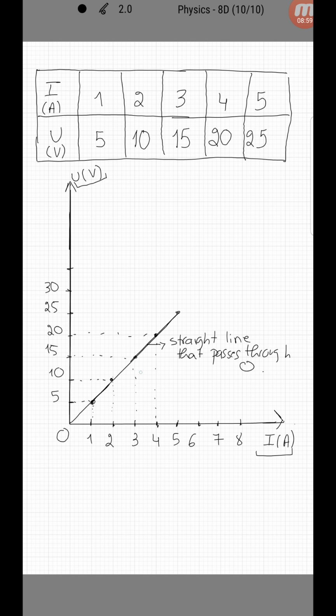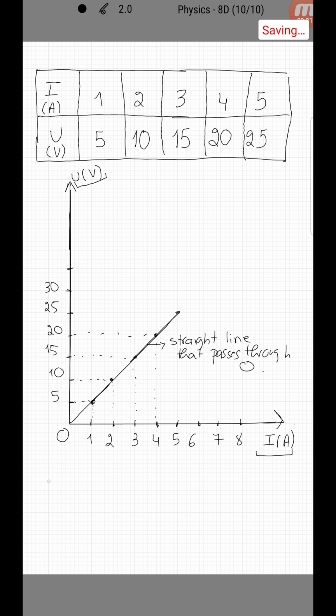Now, as I can see in the table, U over I is always constant, meaning 5 over 1 equals 5, 10 over 2 equals 5, 15 over 3 equals 5, 20 divided by 4 is 5, 25 divided by 5 is 5.